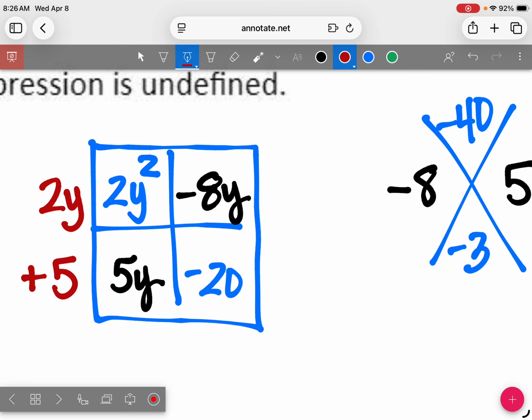If you look at your chart, the only column where you see 2 and 5 together is 1. That's the only place where they'll be in the same column. So I'm taking out a 1 and a y, or just a y.